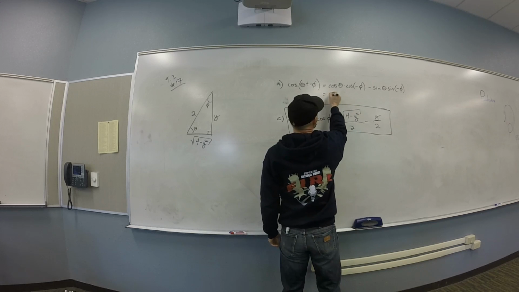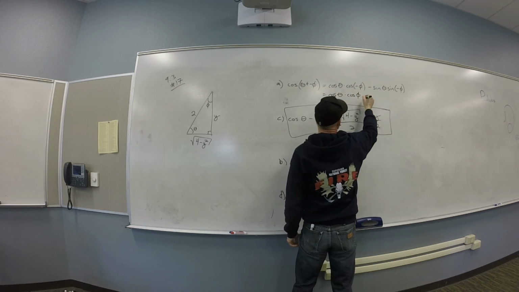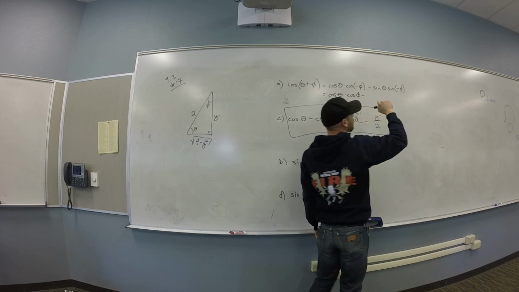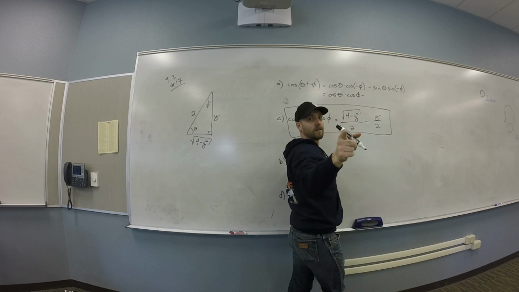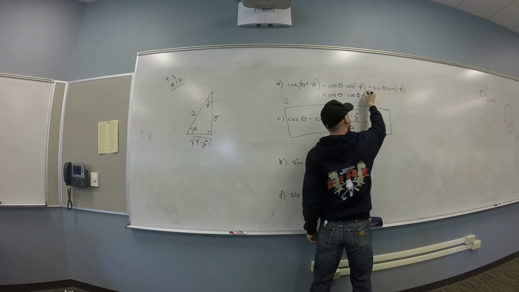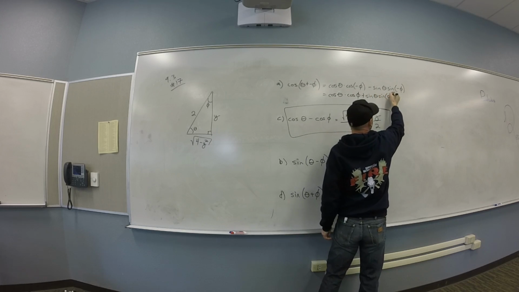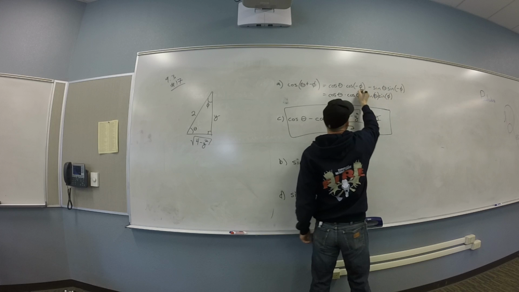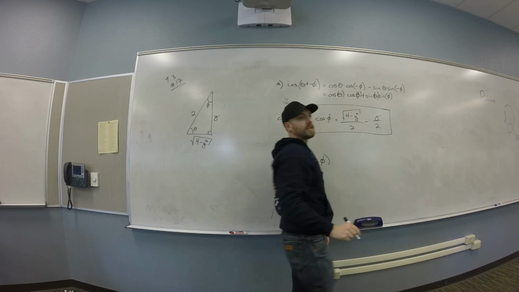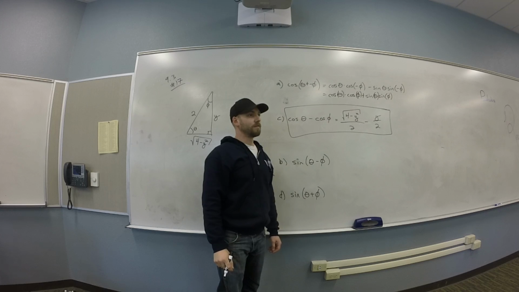So this is cosine of theta times cosine of phi, and then minus, you can pull this negative sign out and get plus sine of theta sine of phi, because sine is odd. So that was exploiting evenness and oddness.